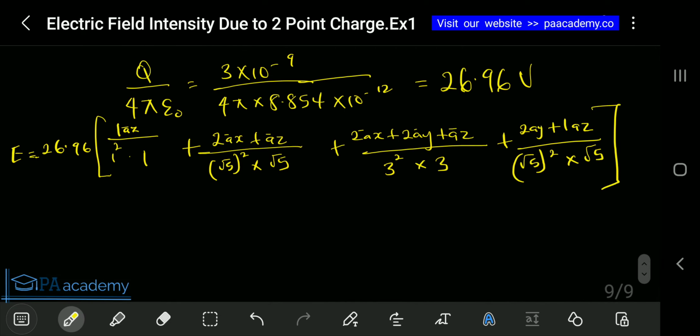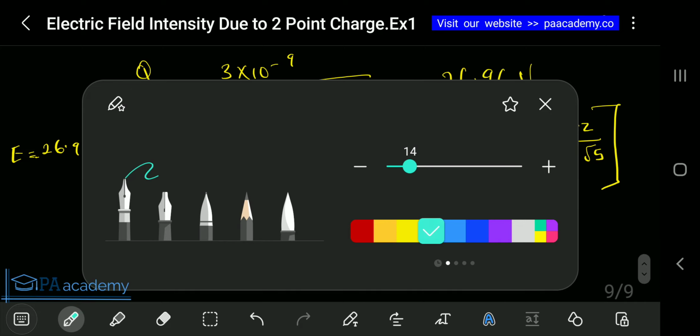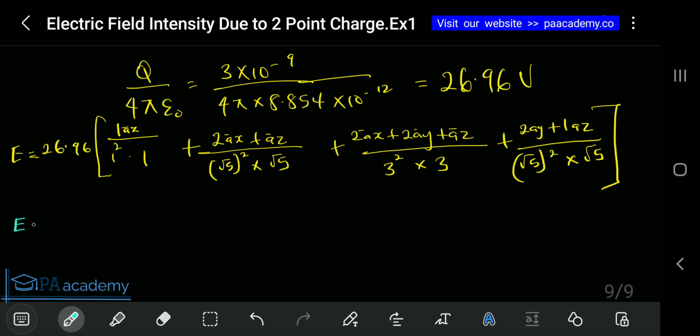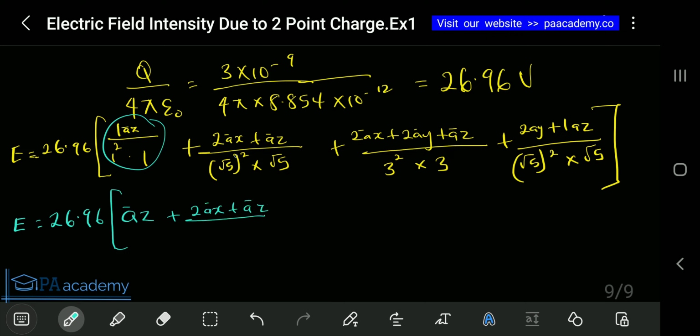Alright, so now let's simplify this further. So that means our E, which is 26.96, if we simplify this, we are going to be having AZ, because this is 1 divided by 1, then plus 2AX plus AZ over, so the square root of 5 squared is 5, multiplied by root 5, so we are having 5 root 5.